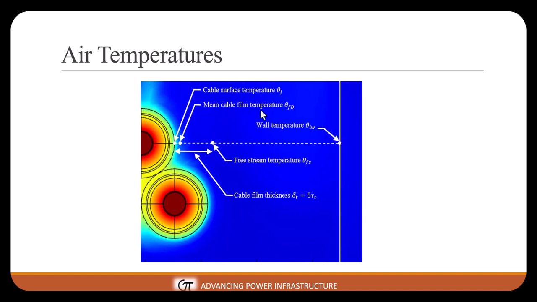The mean cable film temperature is the average of the cable surface temperature and the free stream temperature, and is used to compute the thermal properties of the air, including Prandtl number, viscosity, volumetric thermal expansion, to compute the Rayleigh number, Nusselt number, and finally the convective heat transfer coefficient and convective thermal resistance.